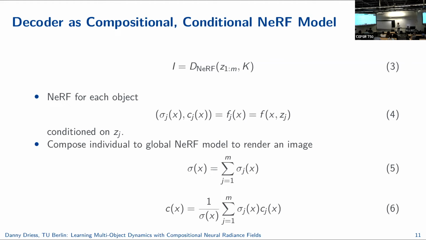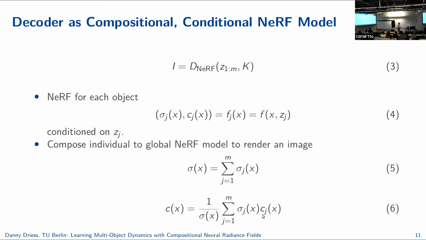Now, as Yunzhu said, neural radiance fields are inspired from volume rendering, which makes a lot of sense from how light rays work. We can combine those separate NeRFs into one single one by just summing the densities up and weighting the color predictions.